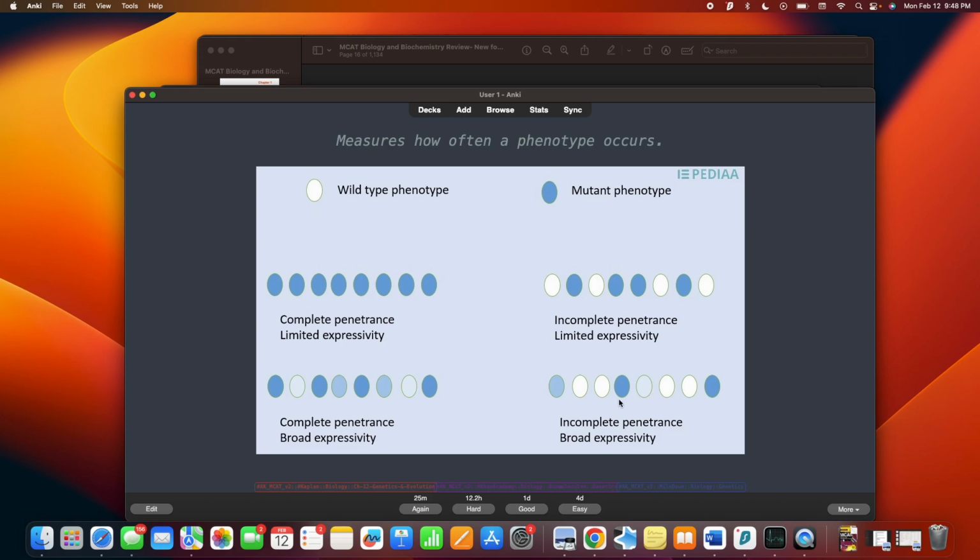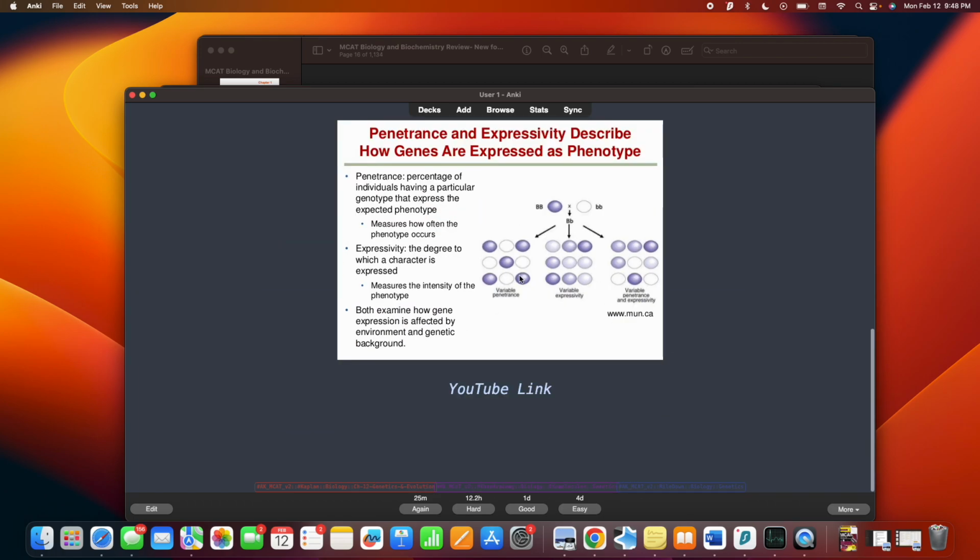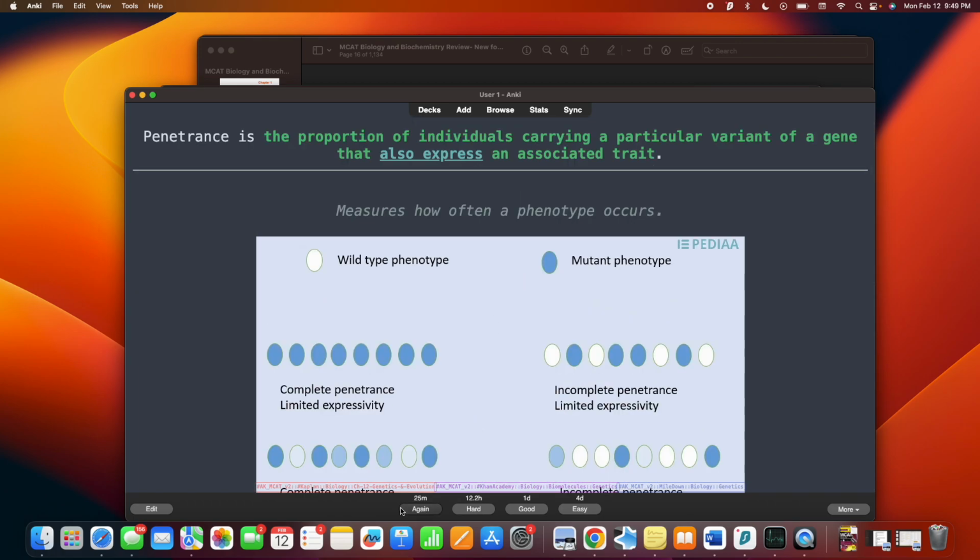But since it's incomplete, you don't have that much of the mutant phenotype. You do have wild type too. Cool. So remember, the mutant phenotype is the proportion that we're talking about.